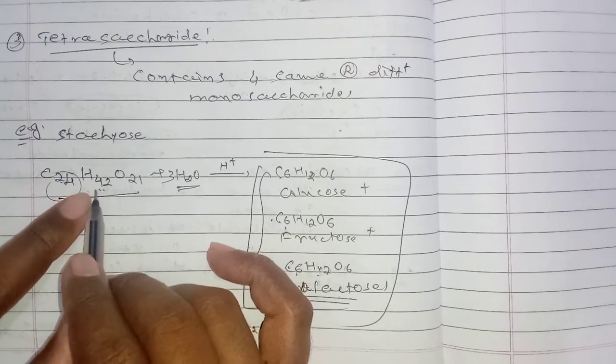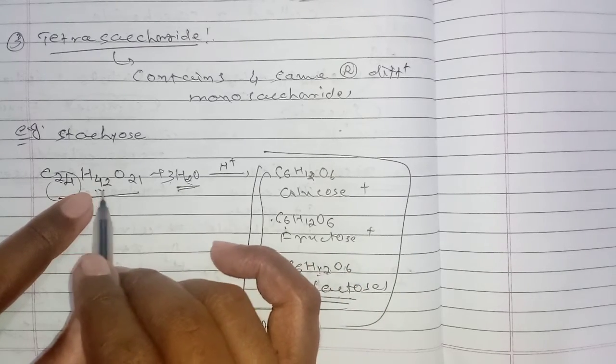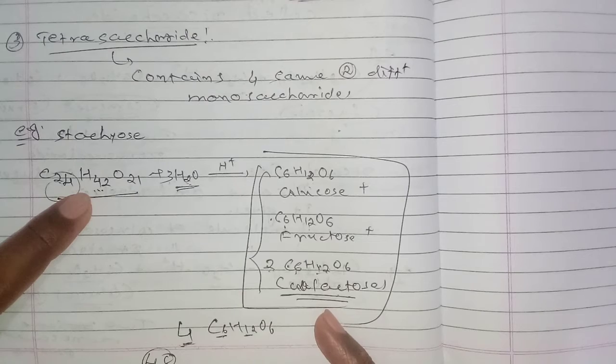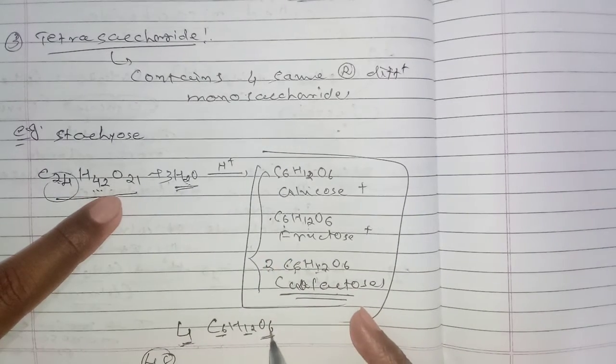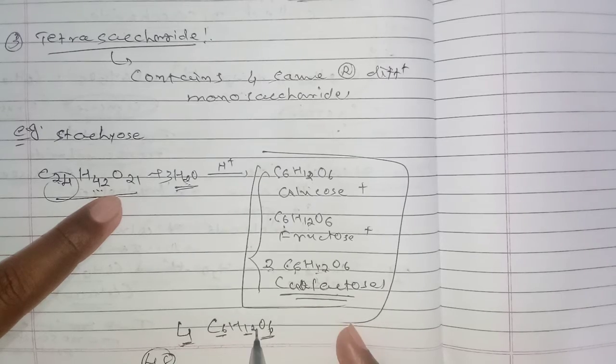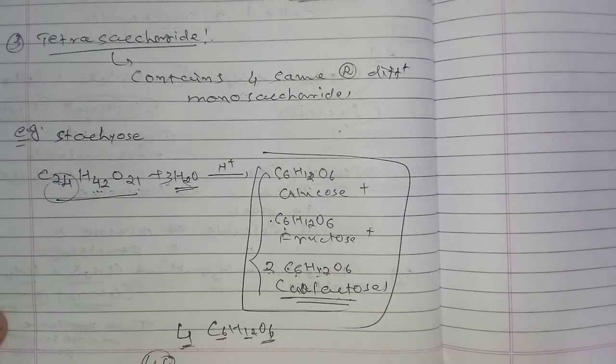Here it is 42, so we need to add 3 multiplied by 2, 6. 42 plus 6 is 48 units. And oxygen, 6 multiplied by 4 is 24, and here 21 plus 3 is 24.